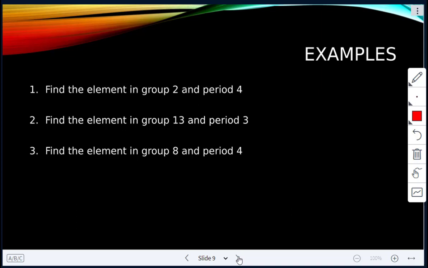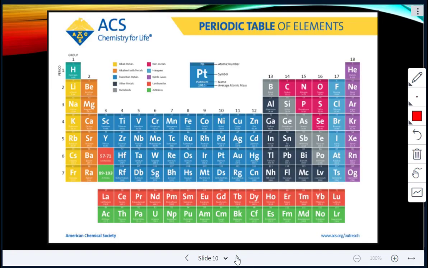For example, if I told you to find the element in group 2 and period 4. Group 2, period 4. Looking at this example here, here would be group 2, here is period 4, so the element would be calcium.